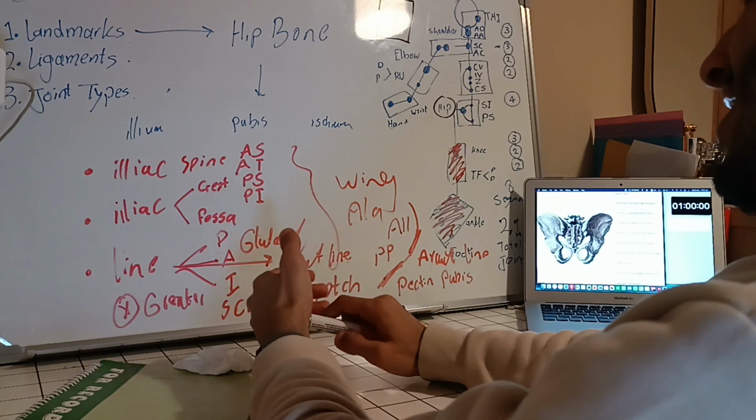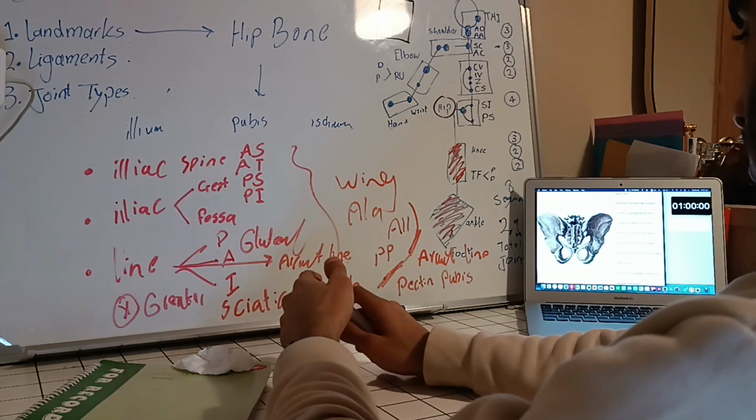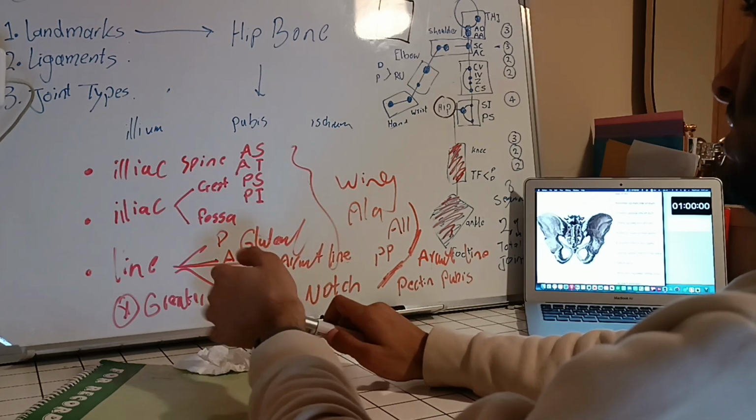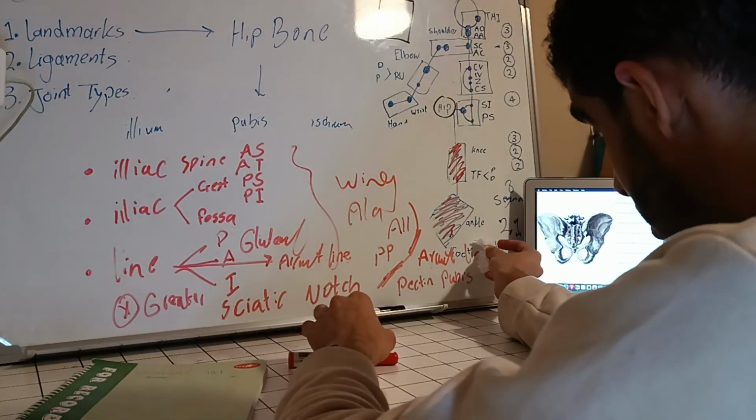So in the ilium we have the crest and fossa, the gluteal lines, the arcuate line, and the pecten pubis.